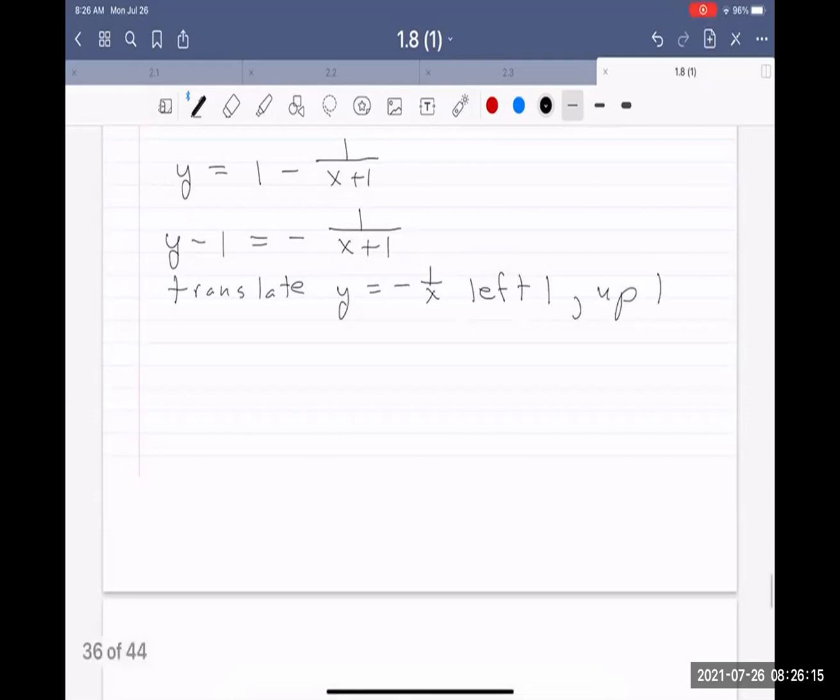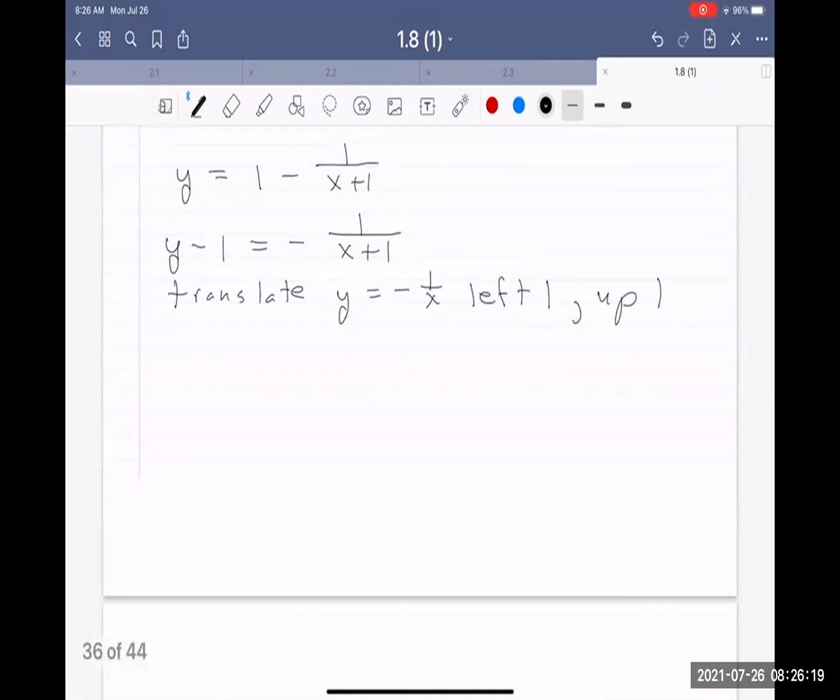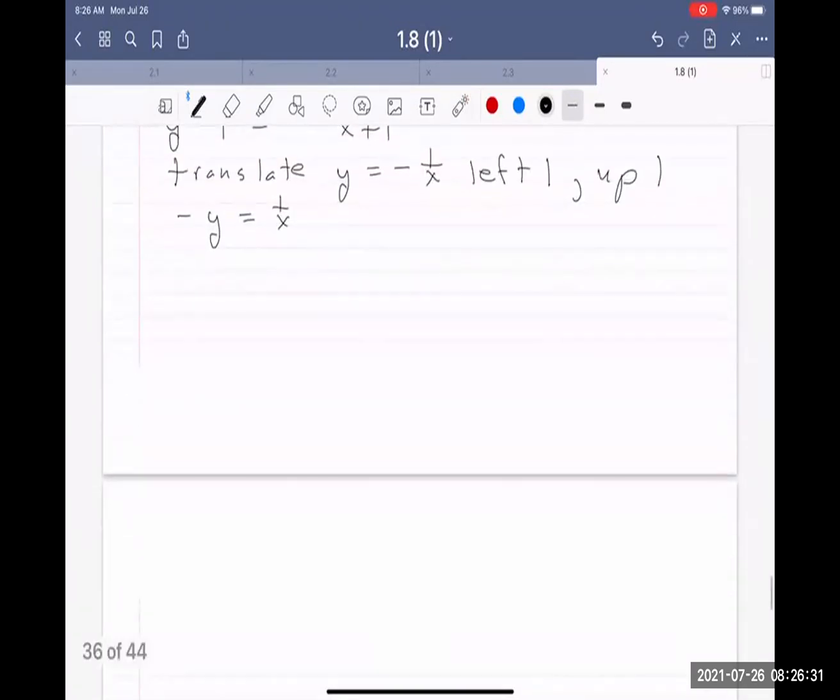Then let's bring the minus to the other side. So I have negative y equals 1 over x. And so let's reflect y equals 1 over x about the x-axis.